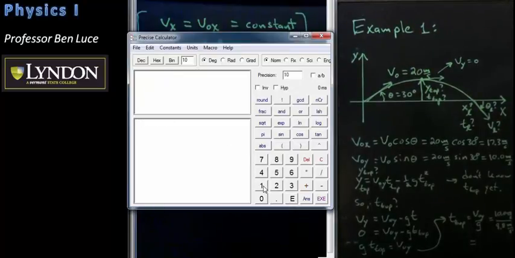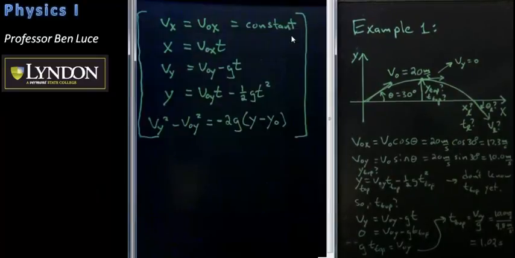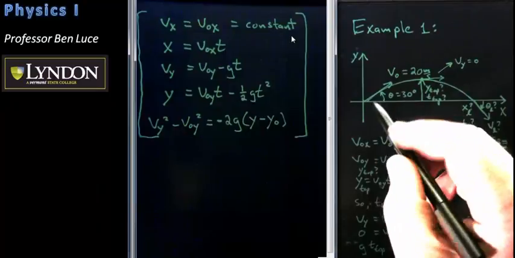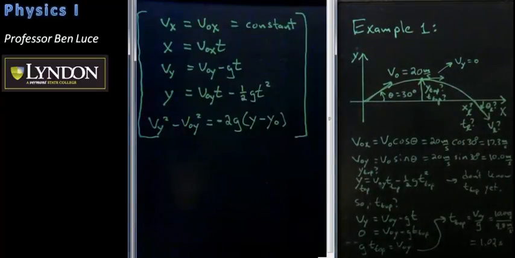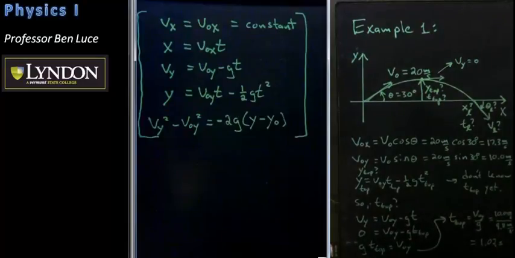And we have that 10 is to be divided by 9.8. And we obtain a time of 1.02 seconds, which, if you look back at the simulation, was in fact the time that it computed for the projectile to get to the top. All right, very good.